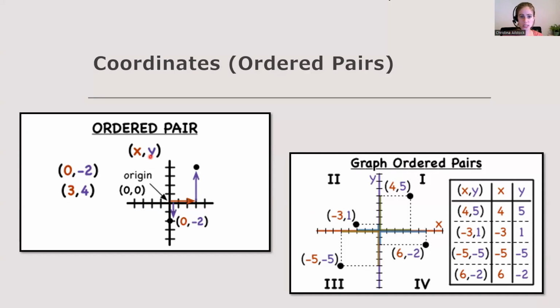A couple things that I use to help me remember this is, first of all, the x-axis goes left and right, because it's like you're saying x, which is no, and you shake your head no from left to right. Then the y-axis, which goes up and down, it's vertical, you shake your head yes, up and down. So the x is horizontal, left and right. The y is vertical, up and down.